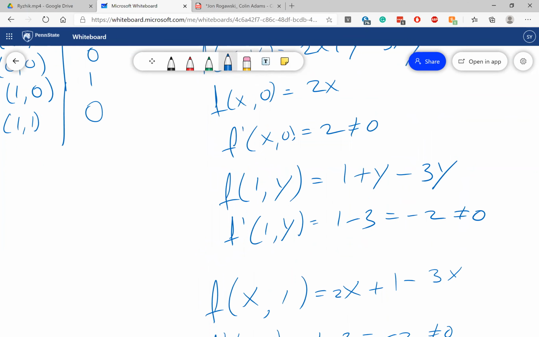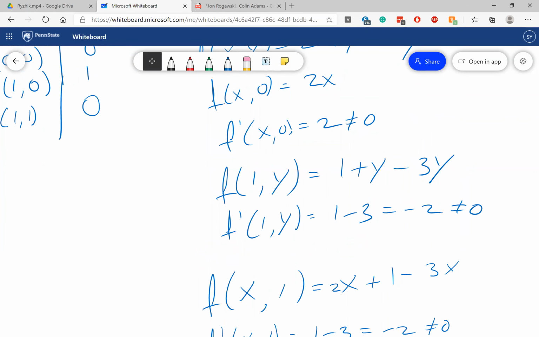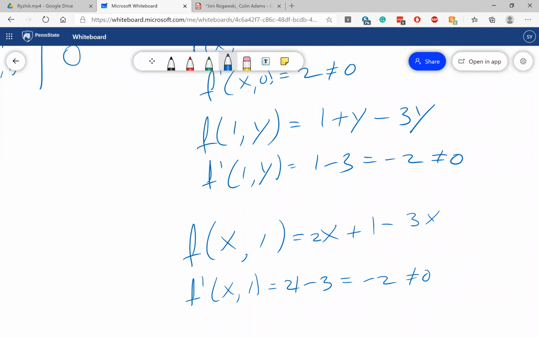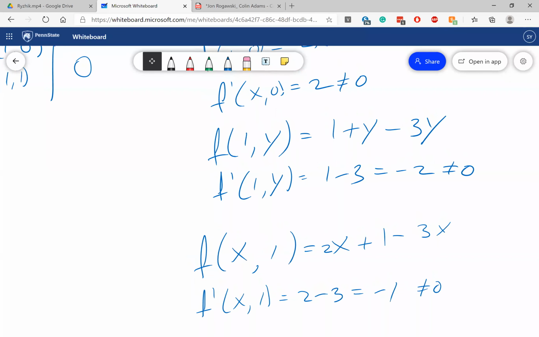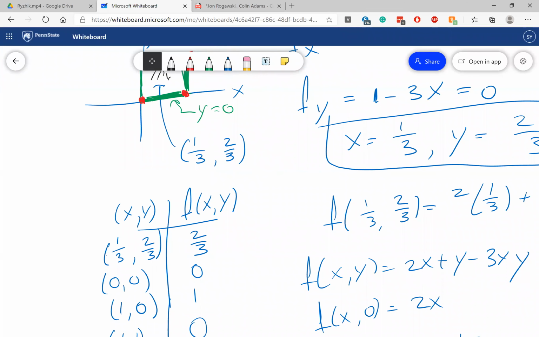So here's 2, so we have -1, which again is not equal to 0. So we don't have a critical point on this boundary, but we need to plug this point in.